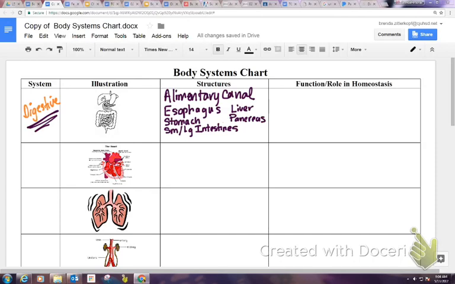Function of the digestive system, in a nutshell. Okay, so to break down, then absorb nutrients, and lastly, to eliminate waste.